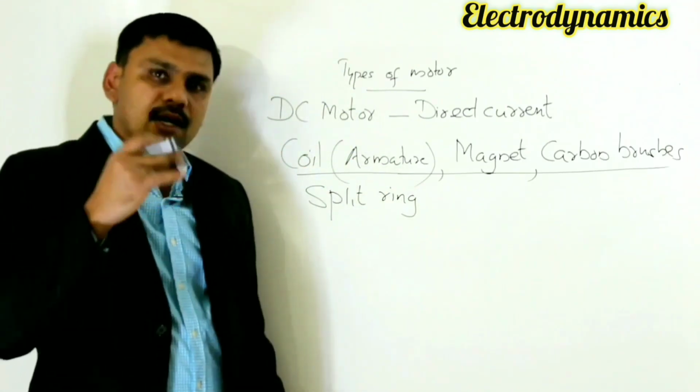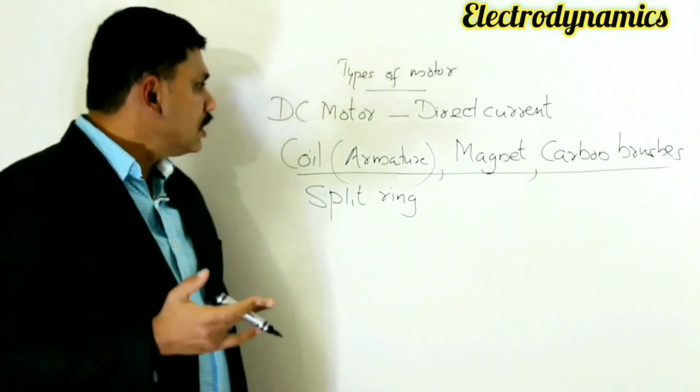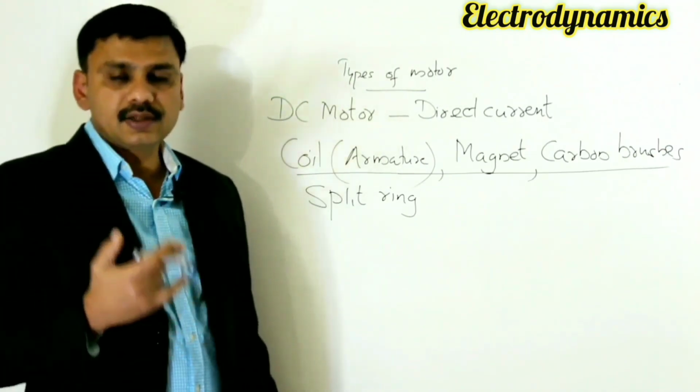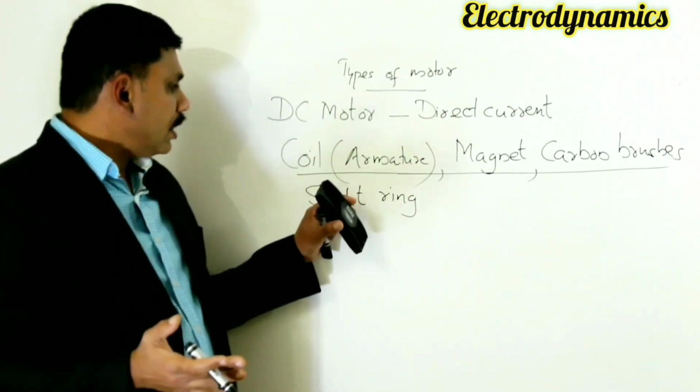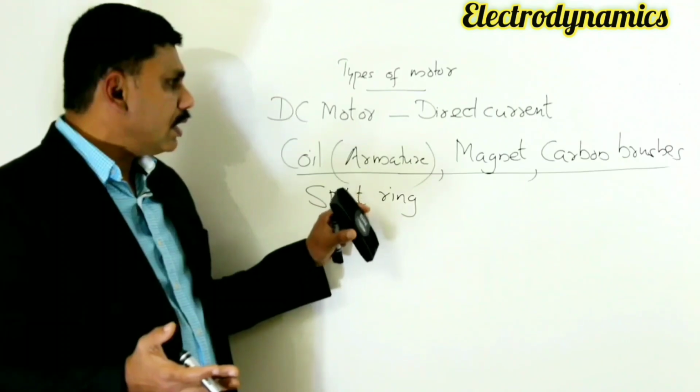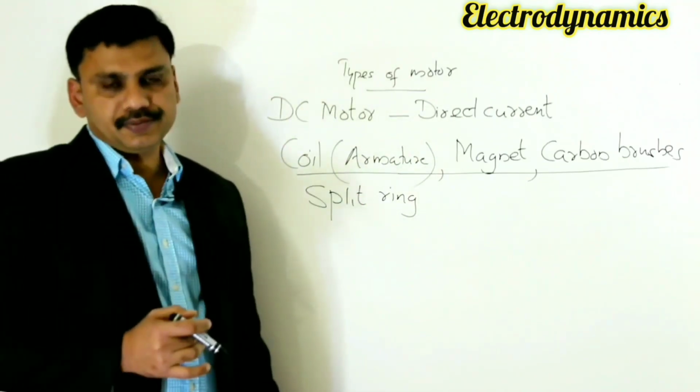A DC motor converts electrical energy to mechanical energy. So here the main components are coil, magnet, carbon brushes and split ring.